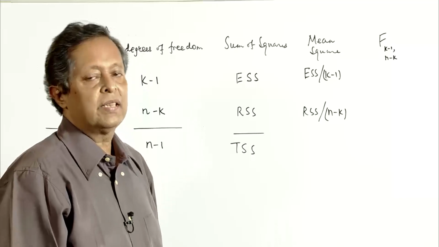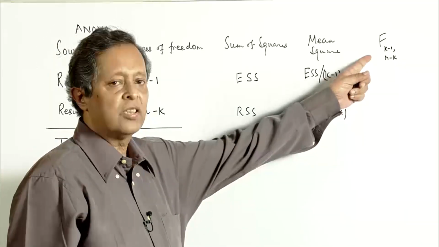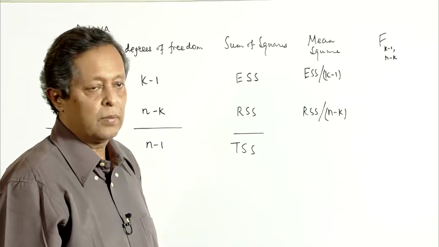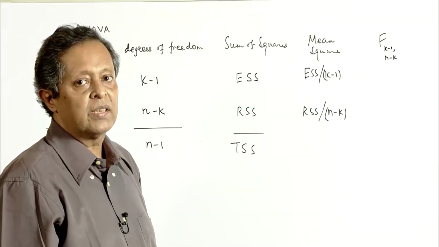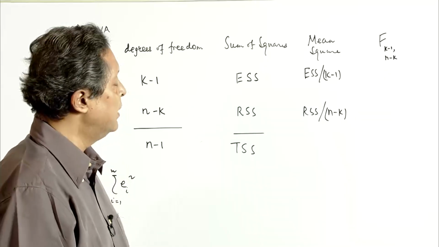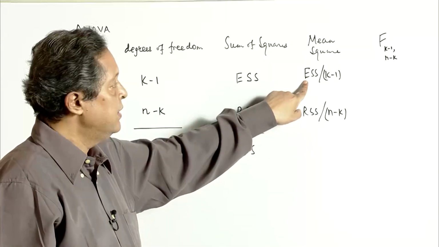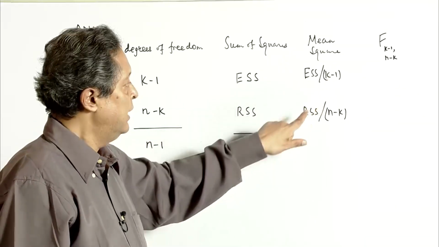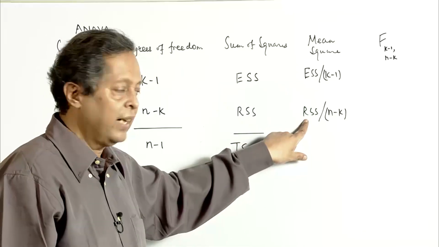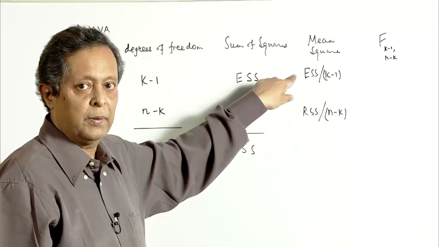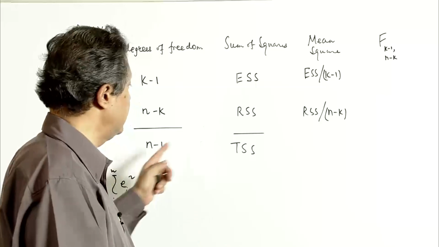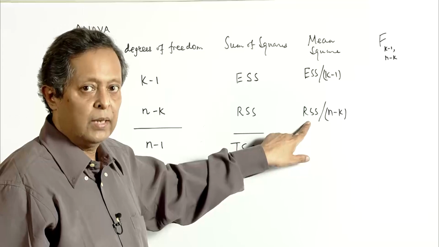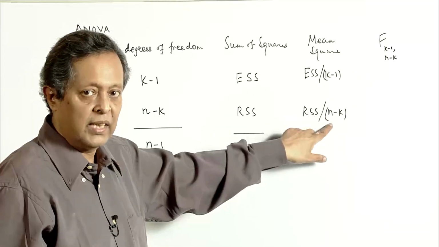As you know from the statistical preliminaries, the F distribution is a ratio of two independent chi-square distributions, each divided by its respective degree of freedom. So, ESS is a chi-square with k minus 1 degrees of freedom, and RSS is another chi-square independent of ESS, because we have decomposed the total variation into explained and residual sum of squares, and the degrees of freedom associated with residual sum of squares is n minus k.